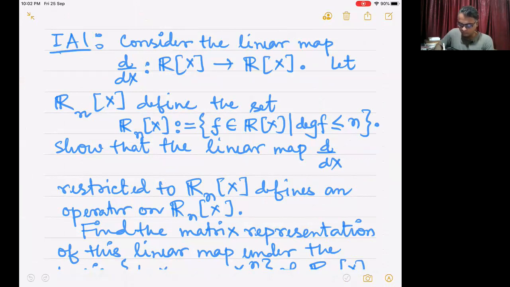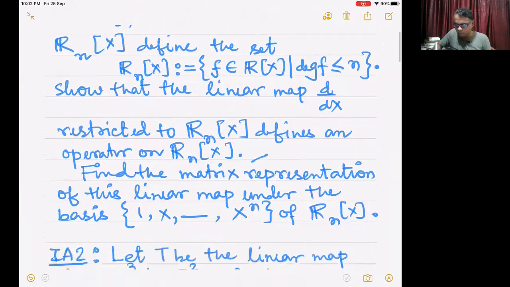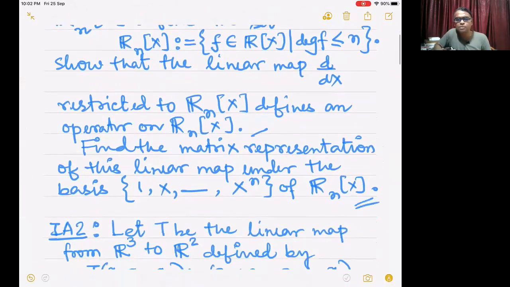First you'll show that this is a linear map between Rnx and Rnx. Rnx means all polynomials of degree less than or equal to n. And then you're going to find out a representation of that matrix in terms of this basis. If you do this exercise, that will help you understand the method of obtaining these matrix representations of linear maps.